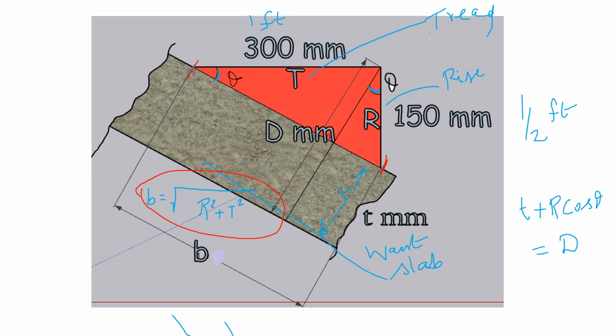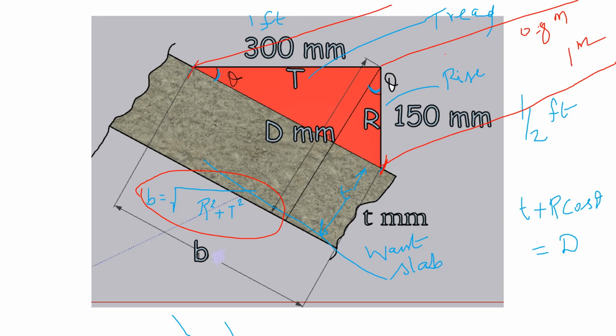Along the other dimension, the stair will go like this, so this length would be 0.8 meter, or 1 meter, 1.2 meter, and so on. No need to care about the third dimension; we will take the third dimension as unity.